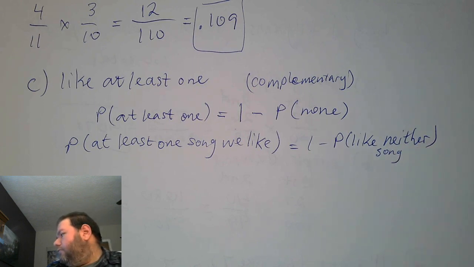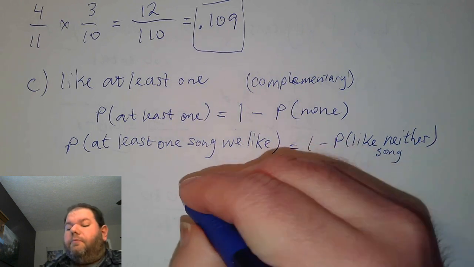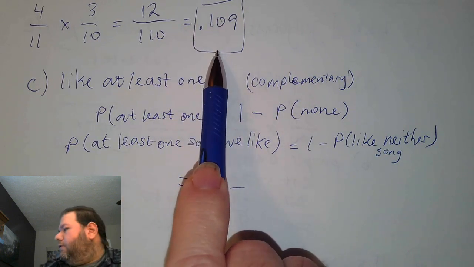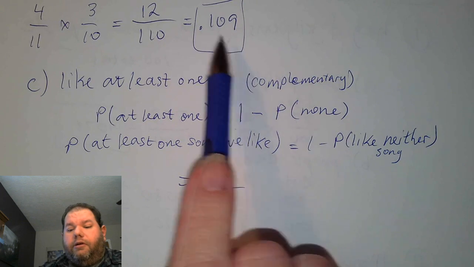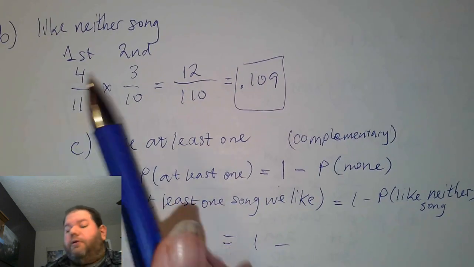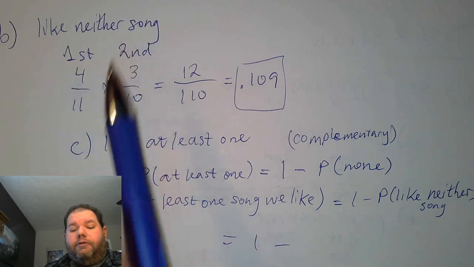Okay. Now the probability that we like neither of the two songs that are played, we've already calculated that. That's this number right here. Part B, we're finding the probability that we like neither song.